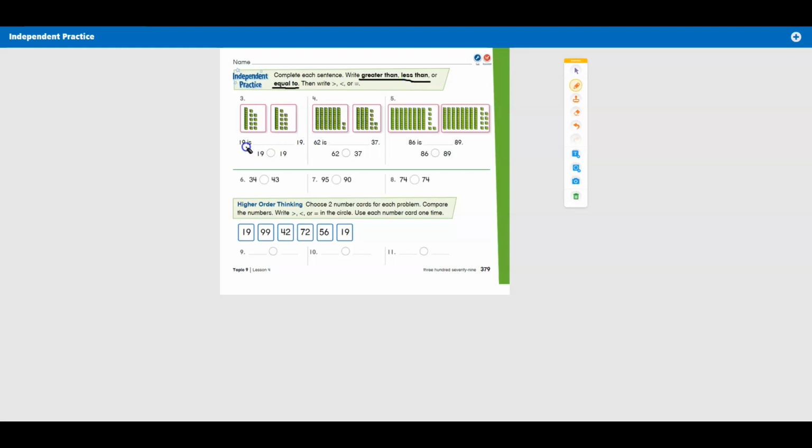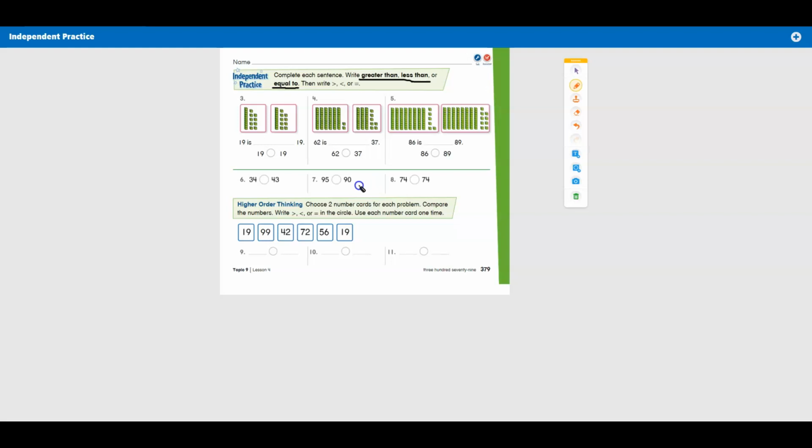So you have the numbers provided for you on the page, so you just have to say whether the first number is greater than, less than, or equal to the other number. Then write the symbols below. You will do the same for numbers 6 through 8.